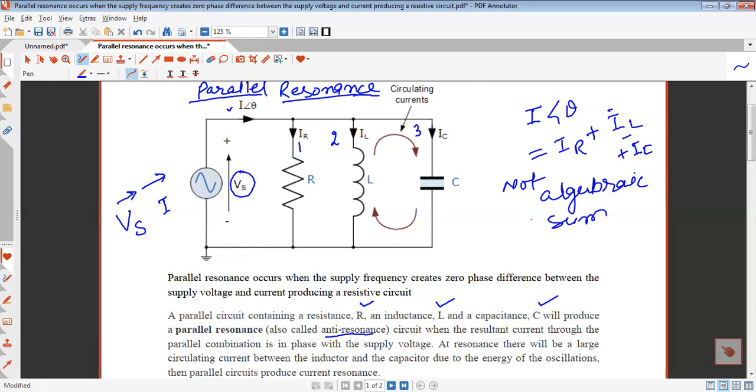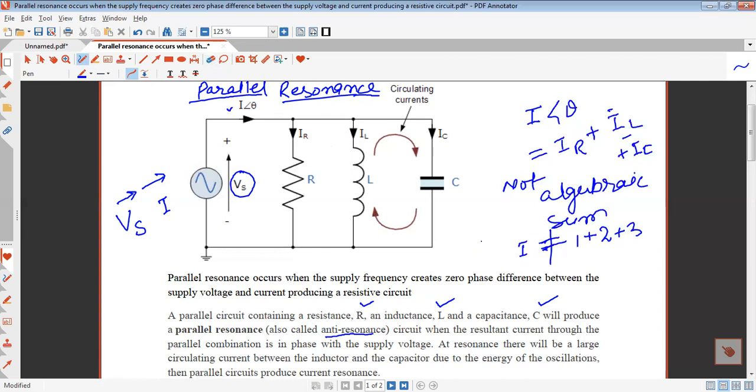If I write I equal to 2 plus 3 plus 1, this is not correct, because this is not an algebraic addition. So we have to take care that this current is not equal to the sum of IR, IL, and IC. We have to consider this when we are using the AC system.